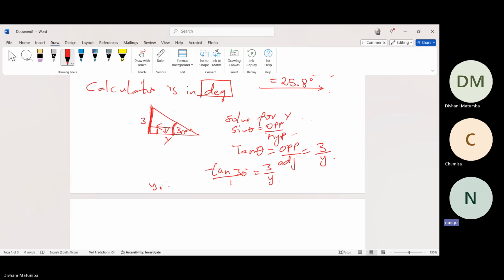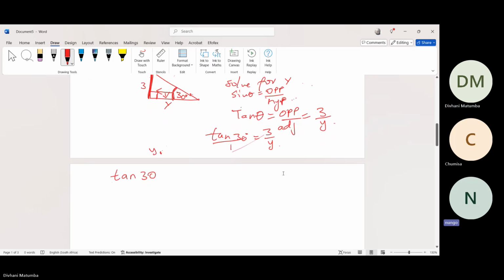It will be 3 divided by 30, I think. It can't be 30, it's tan 30. Okay. If you cross multiply, you can take 3 and put it there. I agree. Okay. You are dividing by 3.